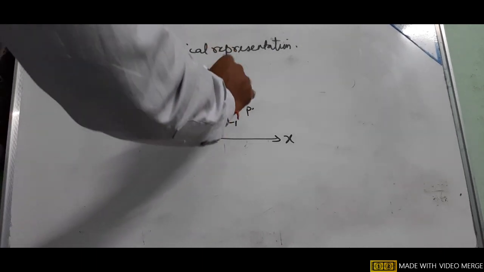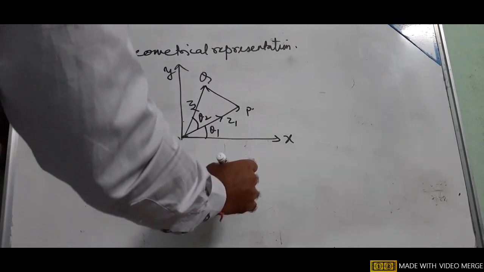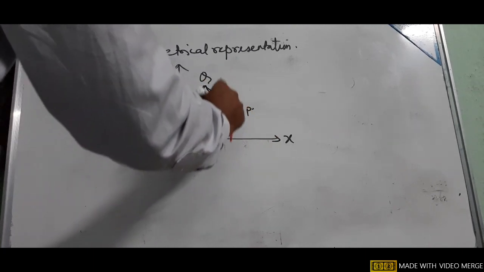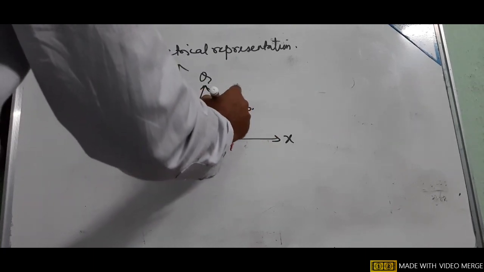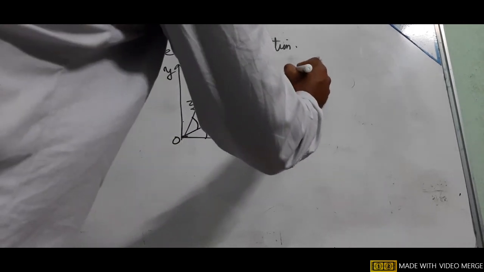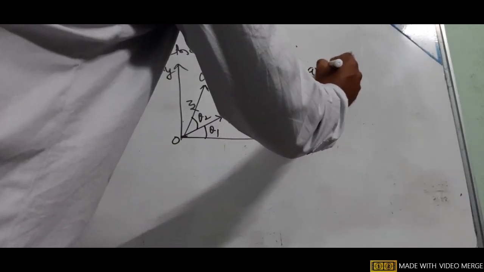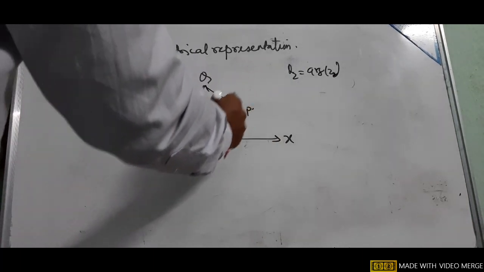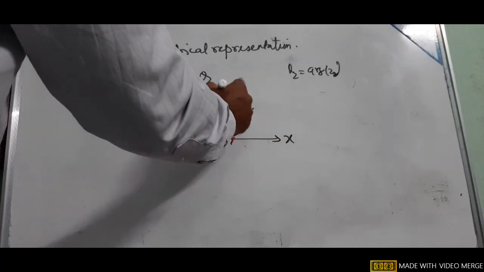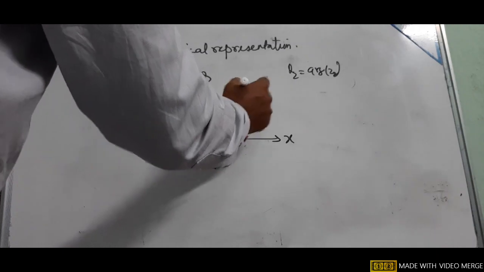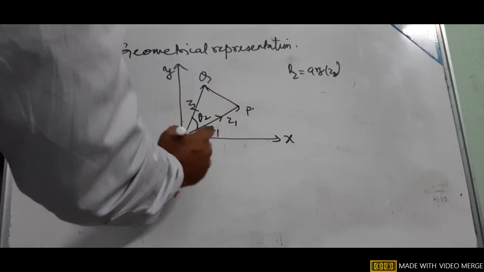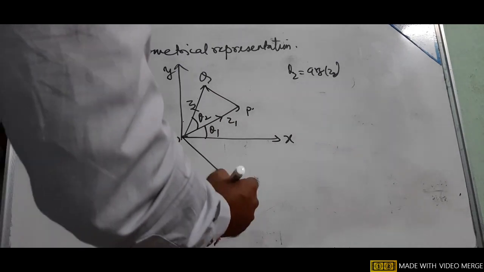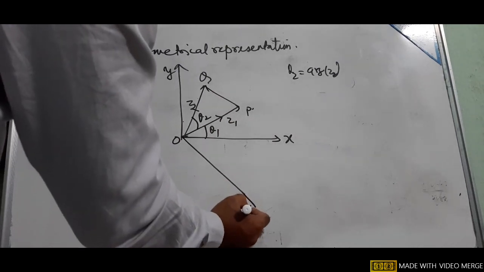If we rotate the line OP in the clockwise direction through an angle theta 2, so this angle theta 2 is equal to the argument of z2, and let the new position of OP be OB. It is like we are rotating like this, and this is the line OB.